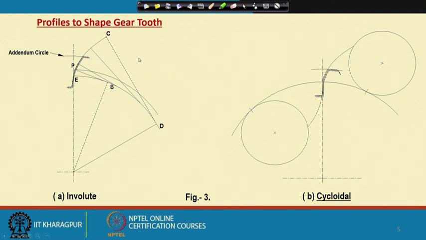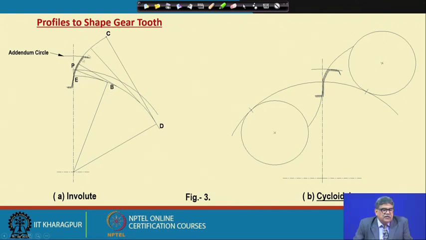In that way, this is being unwound and this profile is being generated. We consider the tip circle, which is called the addendum circle, and this is called the pitch point. What is the pitch point? I will come to that later.